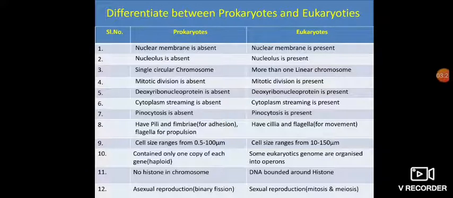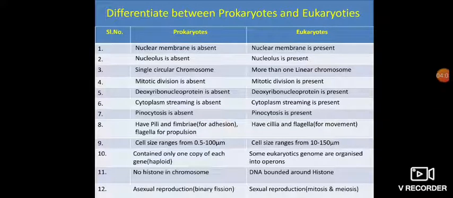The first differentiating point between prokaryotic and eukaryotic cells is the nuclear membrane: it is absent in prokaryotic cells and present in eukaryotic cells. Then the nucleus is absent in prokaryotic cells, but obviously present in eukaryotic cells. Prokaryotes have a single circular chromosome, while here more than one linear chromosome is present.